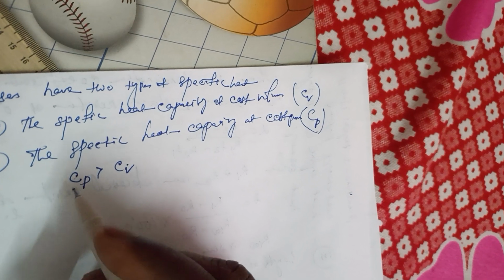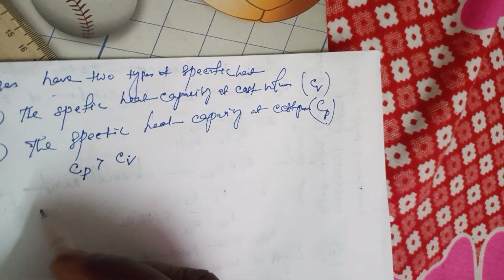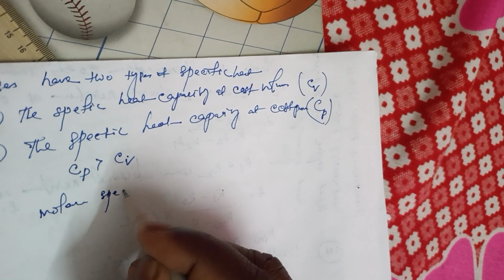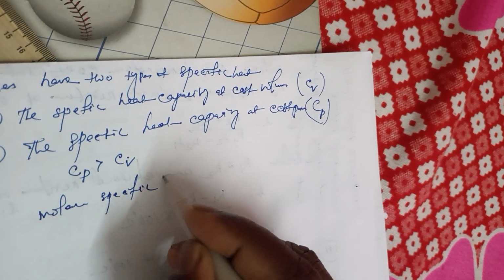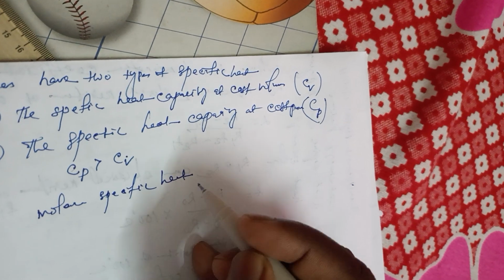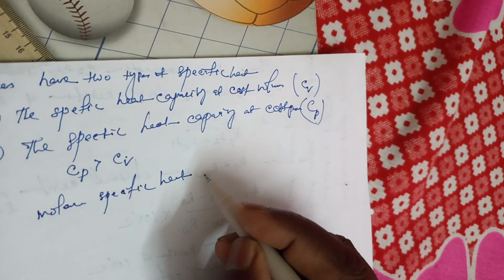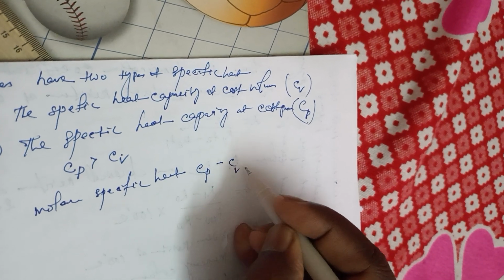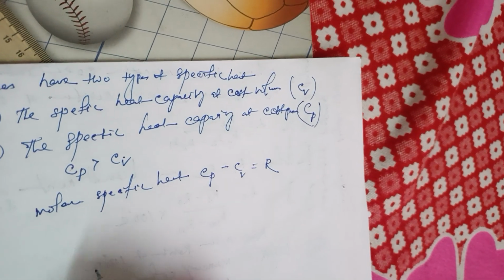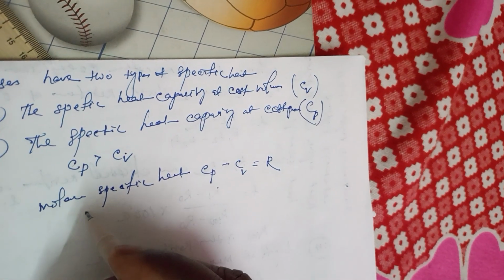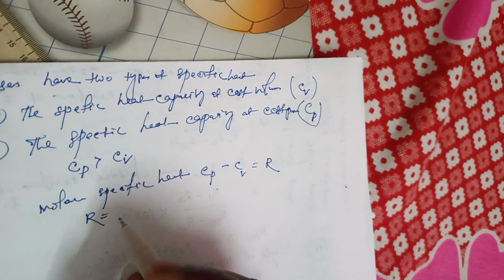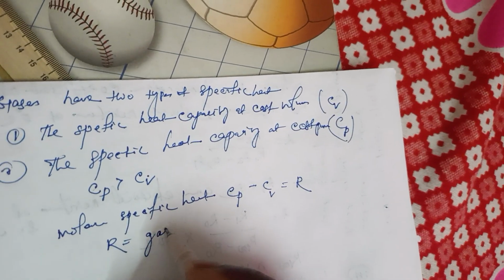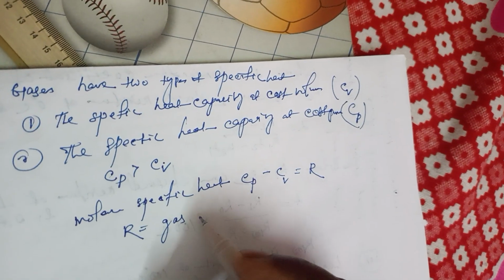For molar specific heat, Cp minus Cv is equal to R, where R is the gas constant.